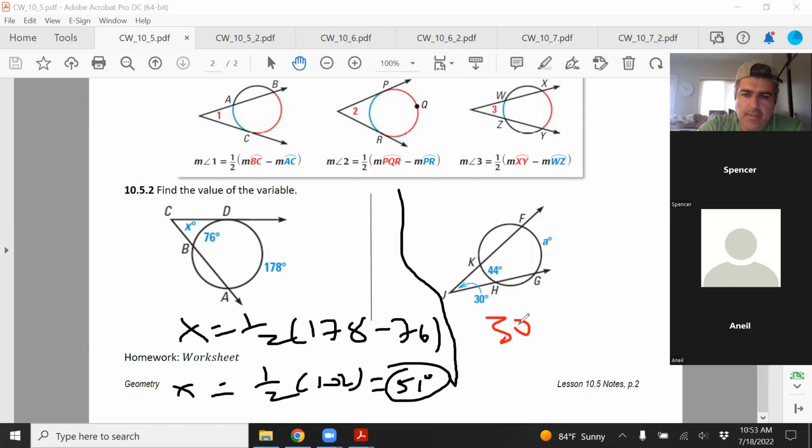And here 30 equals half of A minus 44. It clearly is bigger than 44. So 60 equals A minus 44, and A equals 104.